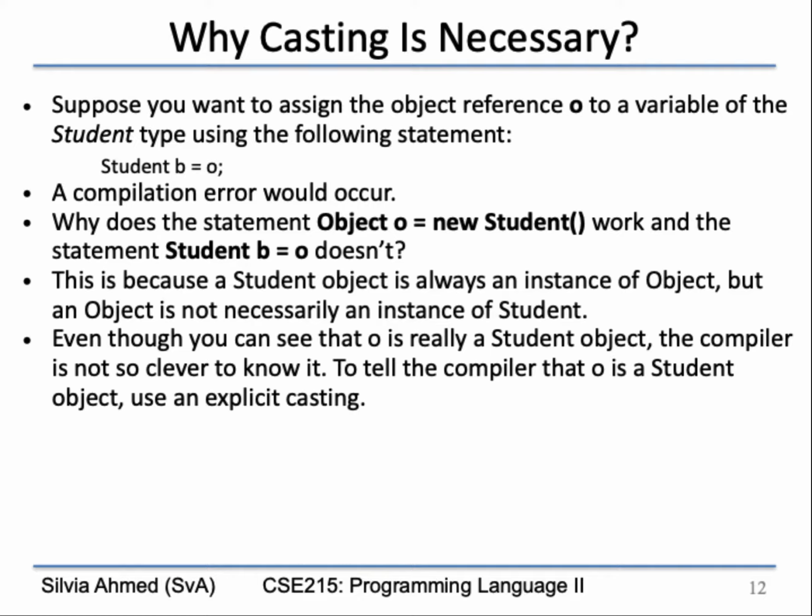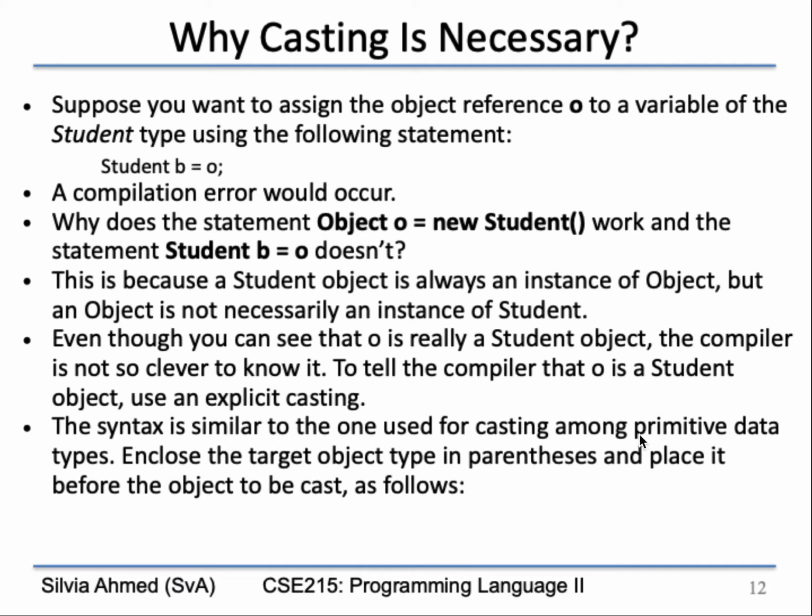Just like with primitive types, explicit casting means we enclose the target object type in parentheses and place it before the object to be cast.